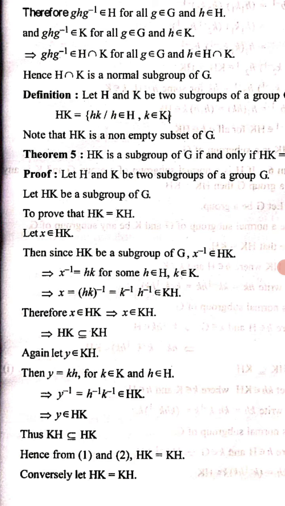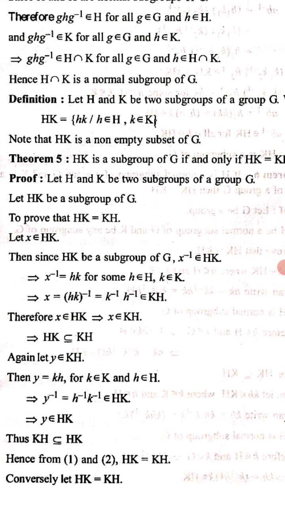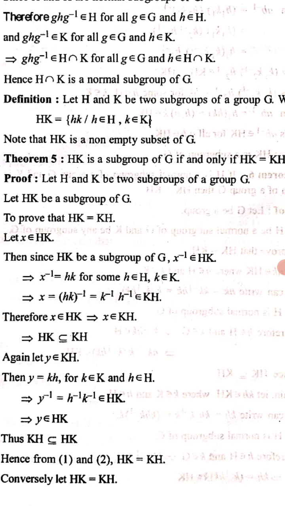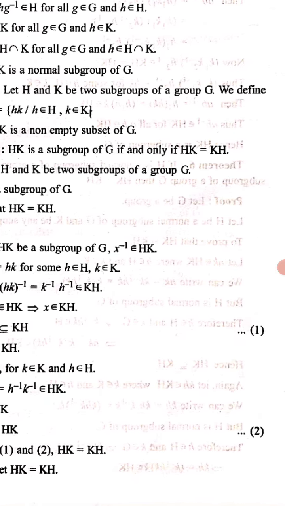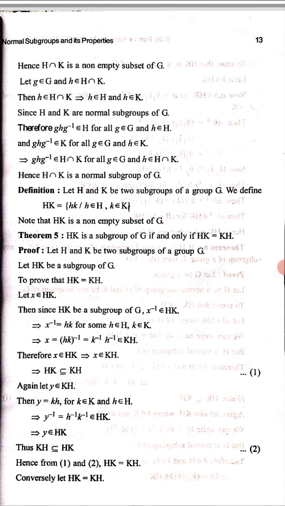Since HK is a subgroup of G, x inverse belongs to HK, so this implies that x inverse is equal to hk for some h belongs to H and k belongs to K. So this implies that x is equal to (hk) inverse, which is equal to k inverse h inverse, belongs to KH. Therefore x belongs to HK implies that x belongs to KH. So this implies that HK is a subset of KH, and this gives equation number 1.